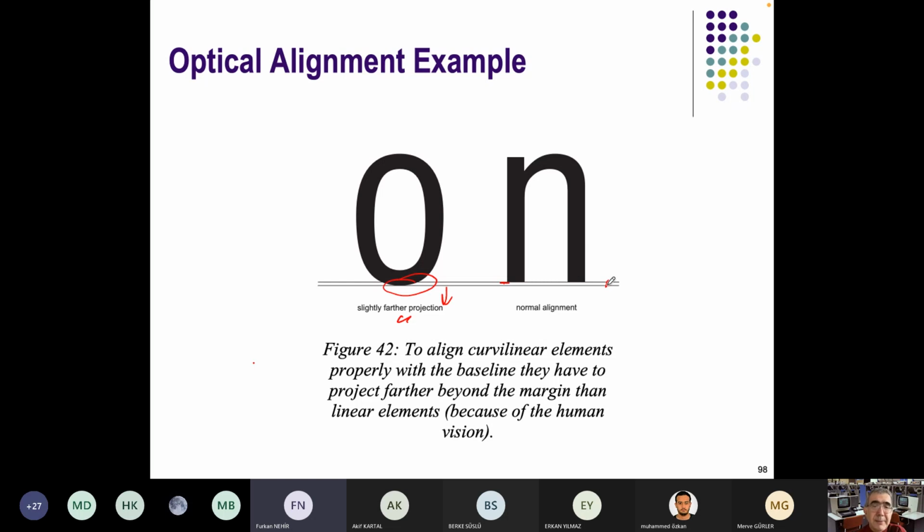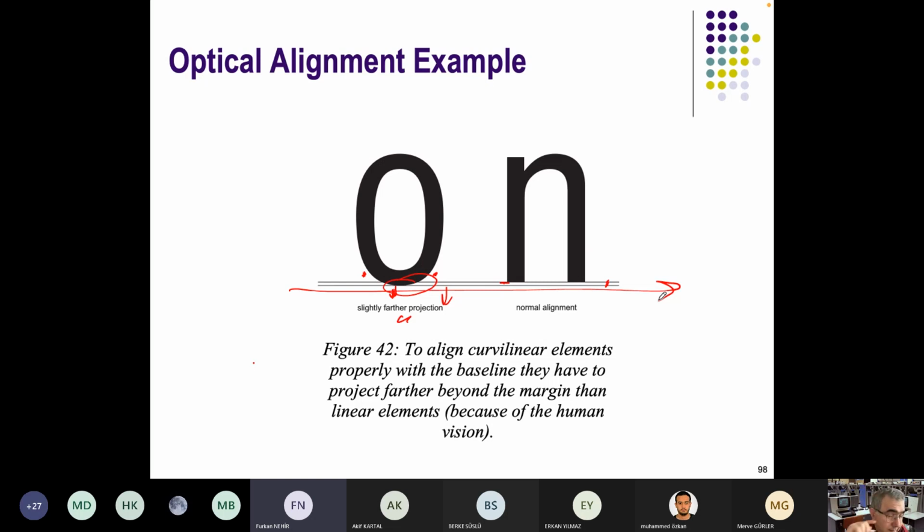So why do we have that? The reason is that since most parts of the letter O are above the line, in order for a person to feel that the letter O is on the line, it has to go further down. Even if it goes further down, we perceive it as if they are on the same line.